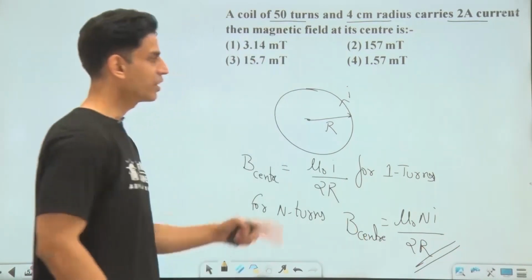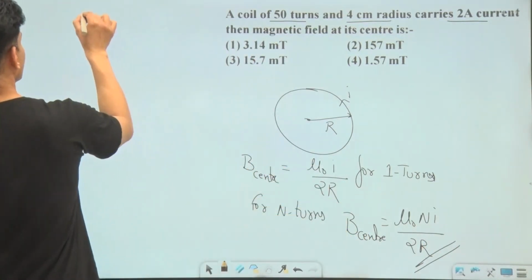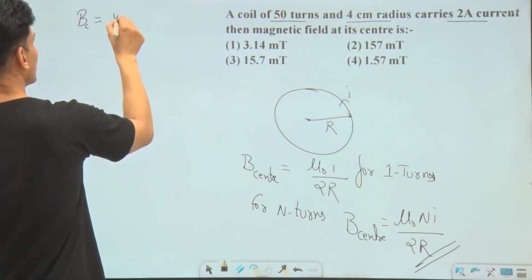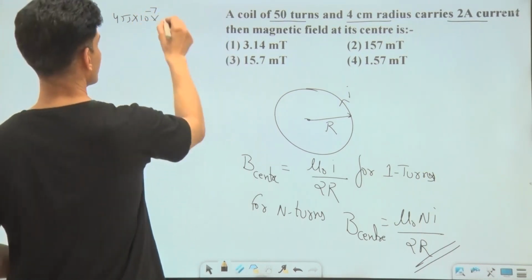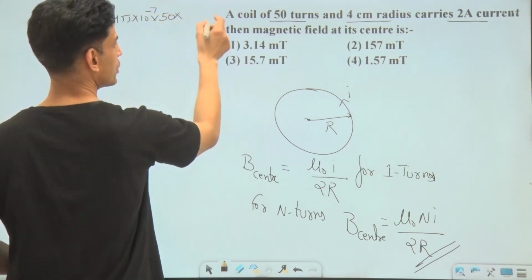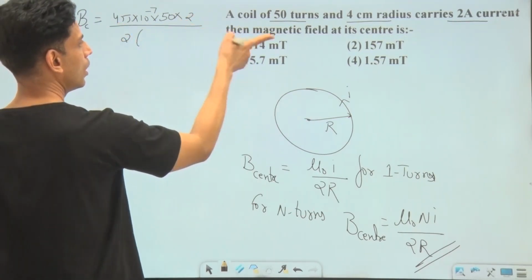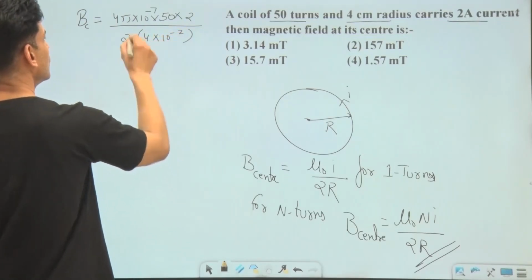Now everything is given in the question, just put the value and get the answer. So B at the center is equal to mu naught, which is 4 pi into 10 power minus 7, into N, which is 50, into I, which is 2, upon 2r. R is 4 centimeter, that is 4 into 10 power minus 2 meter.